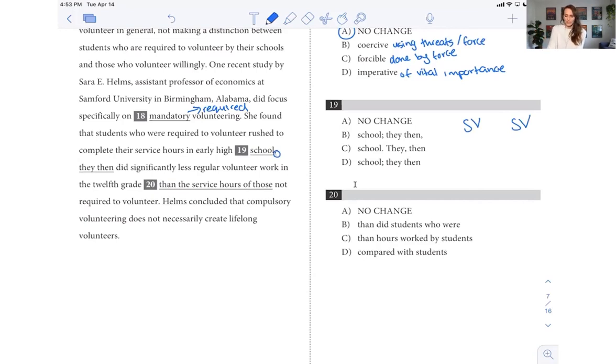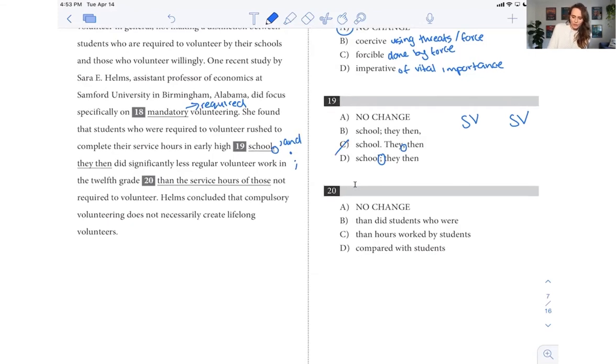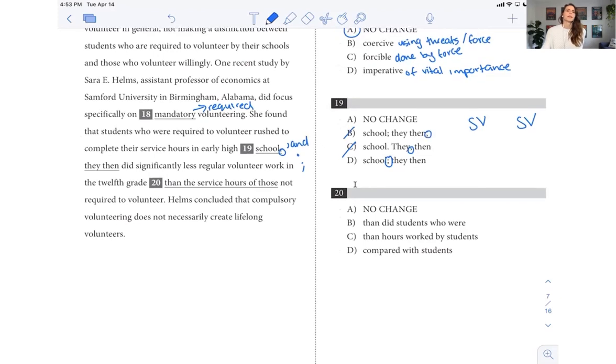We need something that's like a comma and, or a period, or a semicolon. And I can see answer choice D here has that semicolon. C has a period, but then it puts an awkward comma before then, which we don't need. And B uses a semicolon and it puts an awkward comma after that. Remember that comma is like a pause, and it would be really awkward to have it there. It's separating information. You wouldn't say they, then did significantly less regular volunteer work in the 12th grade.